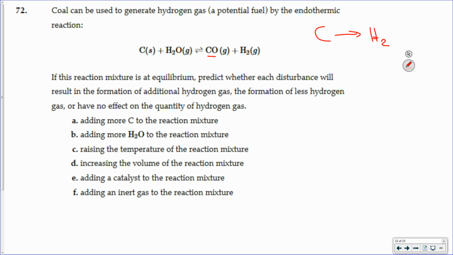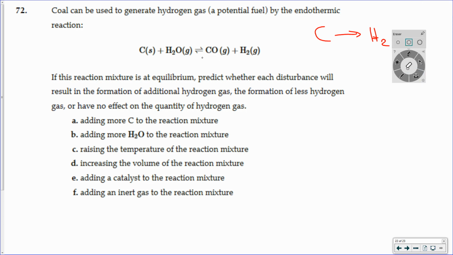This is a way of taking the energy out of carbon and putting it in the form of something we can consume that doesn't produce what we think of as the classical fossil fuel system. But if this equilibrium is established, so we've got a solid, a gas, and a gas, and a gas, we want to look at how it responds to these different changes.